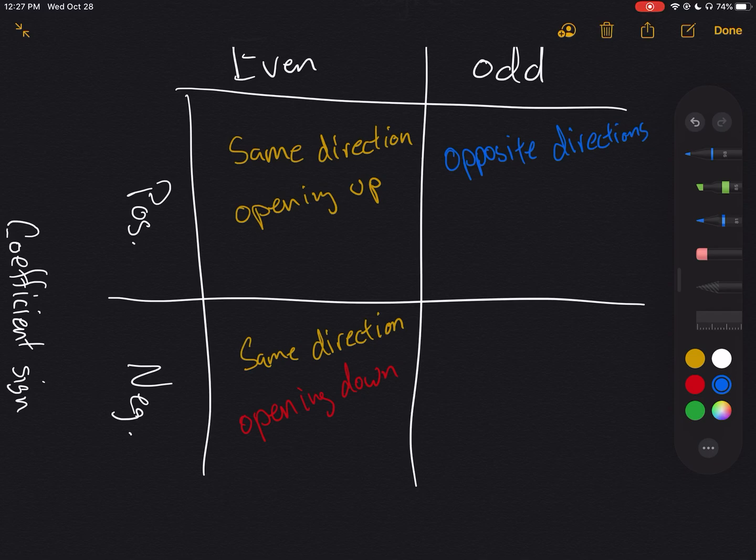And it's going to be positive on the right, not really opening up, but positive on the right, negative on the left. So positive on the positive side, and then negative on the negative side, negative on the left.